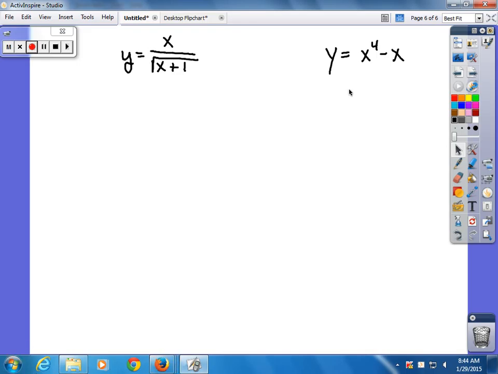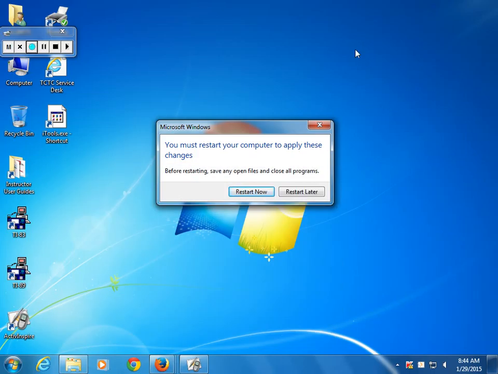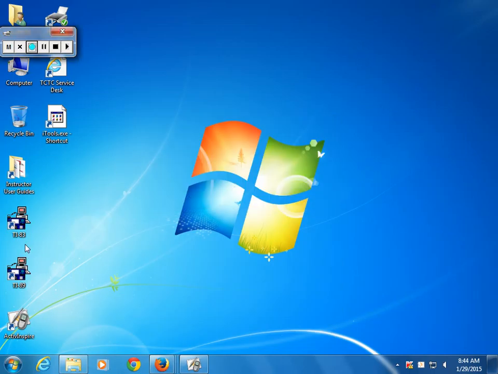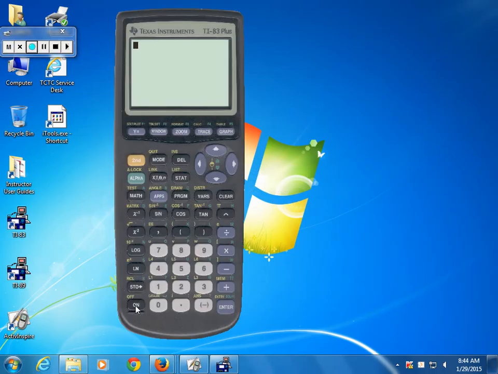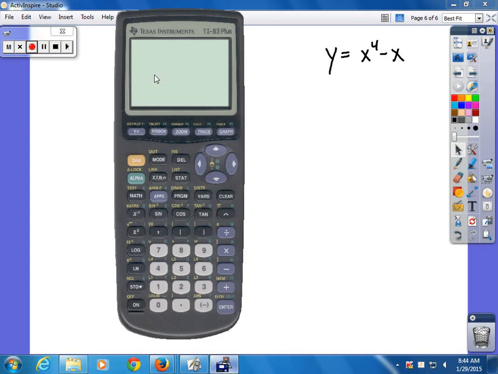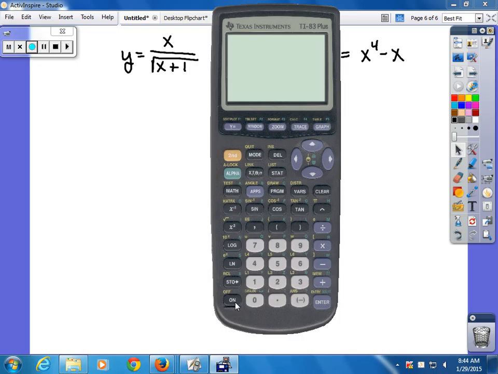Take your handy dandy calculator. Our first one is y equals x, and I'm going to put parentheses around it, x divided by parentheses square root of x plus 1, close parentheses, close parentheses.